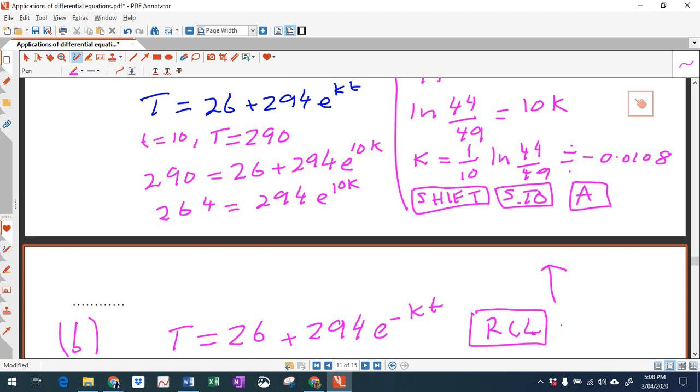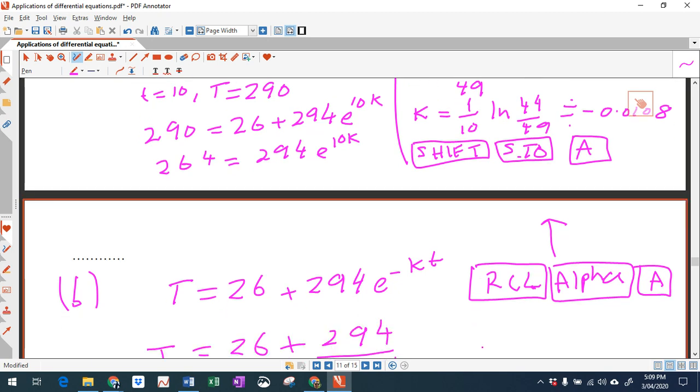Then you press alpha, because you're going to access the letter A, and then you press A. You can use that in a calculation. So if you go RCL alpha A and then press equals, you'll get the value of k filled across your screen.